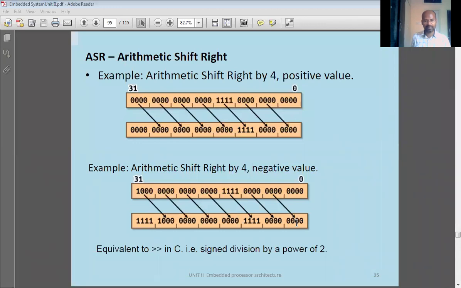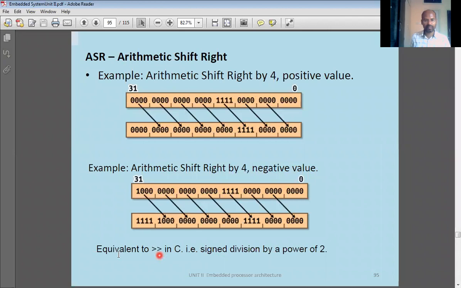These MSB bits of the register input contents will come down here, and the first 4 MSB bits will be filled with ones. With ones, these are constants, 1 1 1, so that it is a negative number.